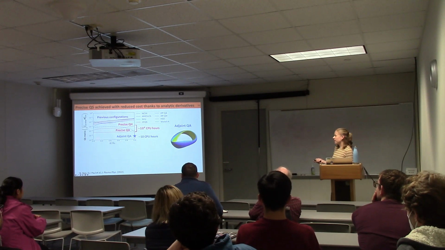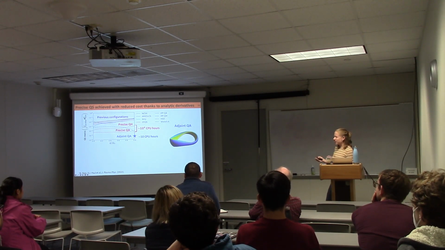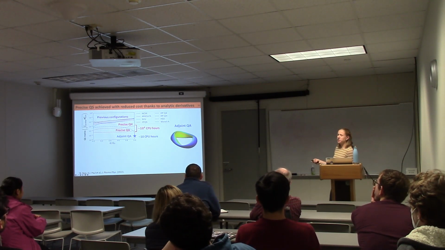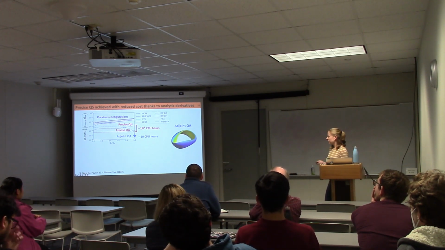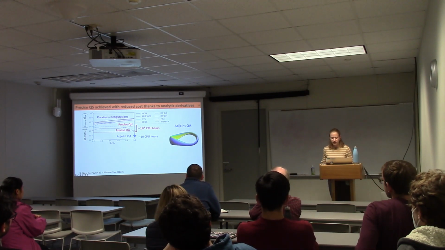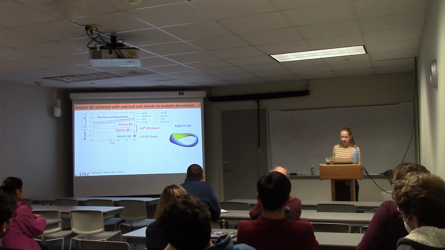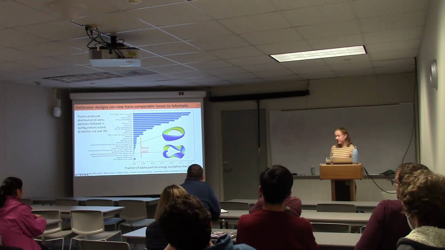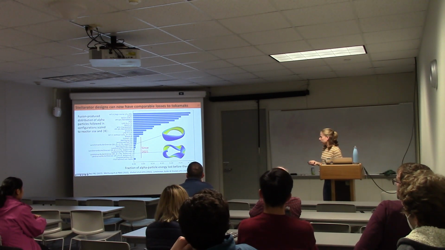We could use this method to scan out the parameter space and find regions where we could have better quasi-symmetry, and then polish it with methods that don't use derivatives and take more CPU hours. With the combination of these two methods, we can find configurations with enhanced quasi-symmetry. And the real reason it's important to look at these configurations is that we can improve the energetic particle confinement.